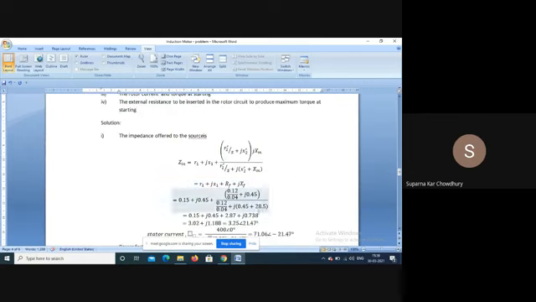Putting the values, R1 is 0.15, X1 is 0.45, R2 dashed is 0.12, S is 0.04, X2 dashed is 0.45. Here I have missed one thing, that is J.